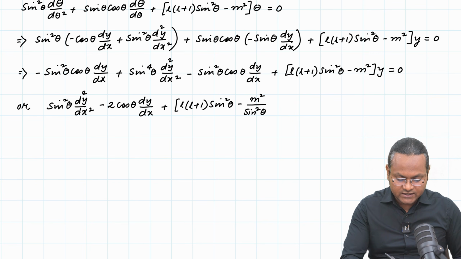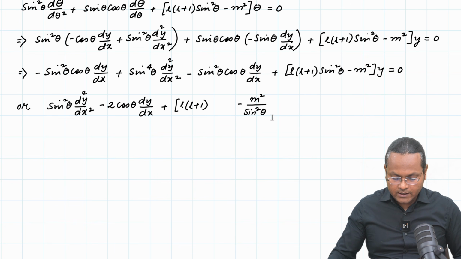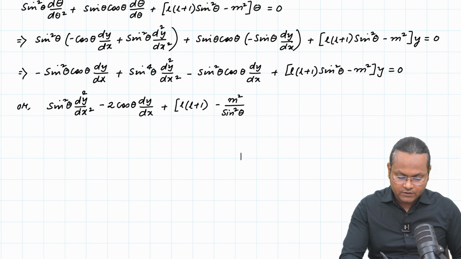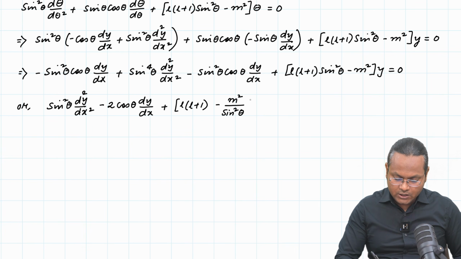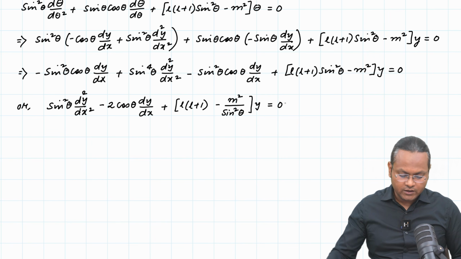By the way, this sine square theta is gone, so I don't need this. And there you have it, the final equation corresponding to the angular part of the Schrodinger equation.